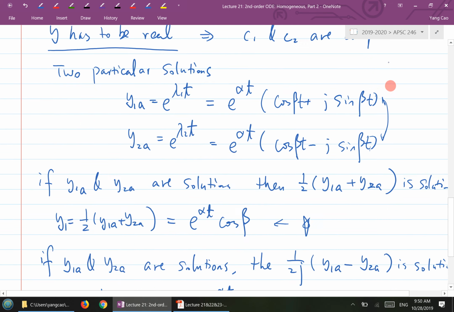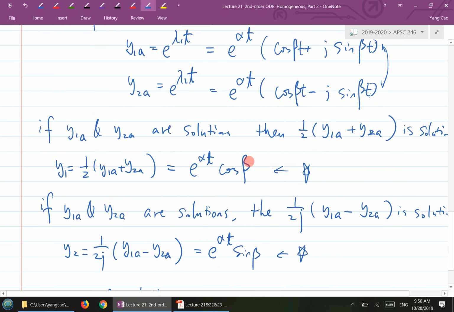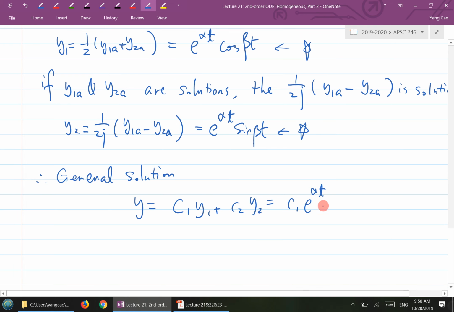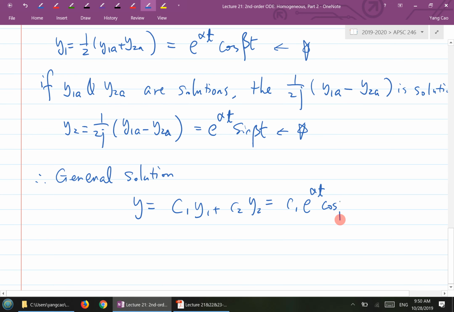I missed the t here. So you get e to the power of alpha t cosine beta t plus c2 e to the power of alpha t and sine beta t.